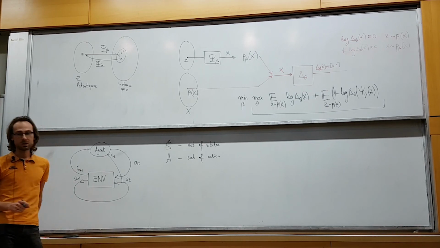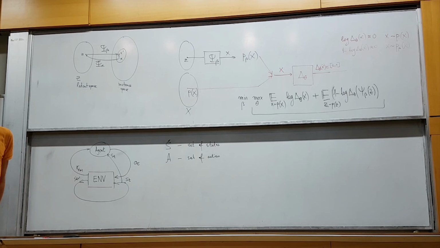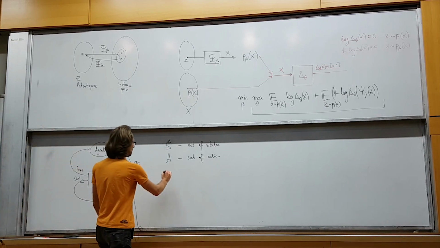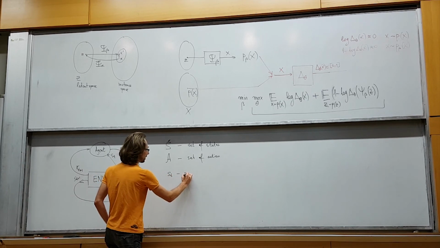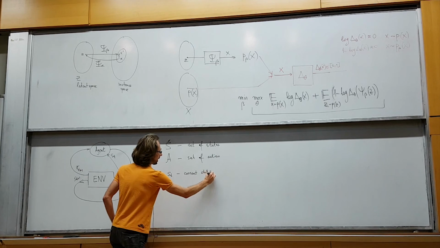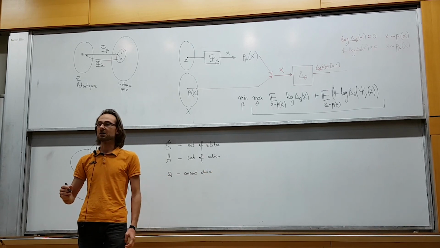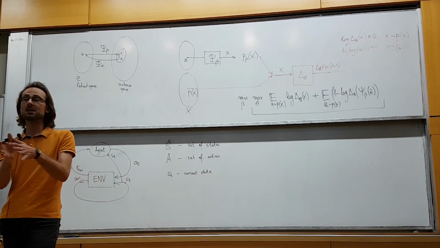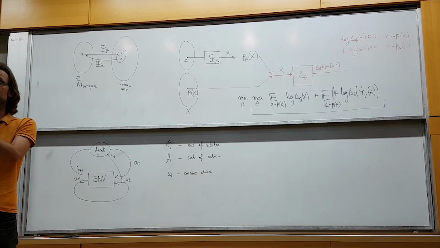Now, I will be modeling by ST the current state. And basically the environment will receive the current state, will receive the current action, and will produce a new state. Okay?